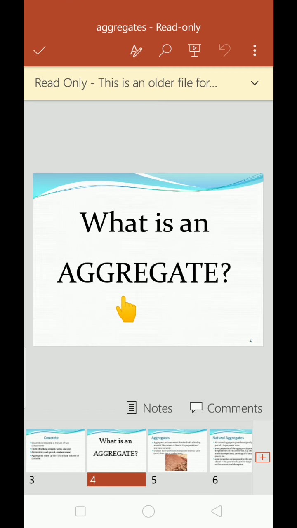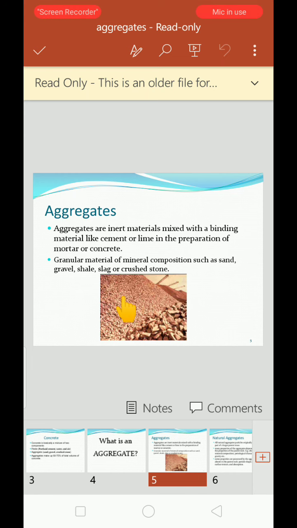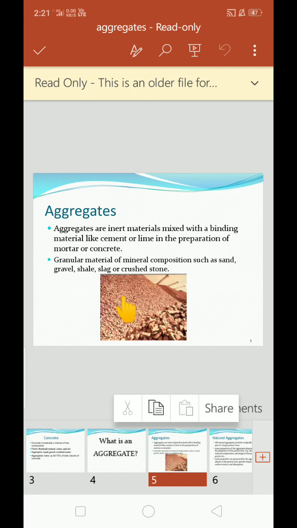Next, coming to what the aggregate is. Aggregates are chemically inert or chemically inactive materials. Aggregates are inert materials mixed with the binding material like cement or lime in the preparation of mortar or concrete.